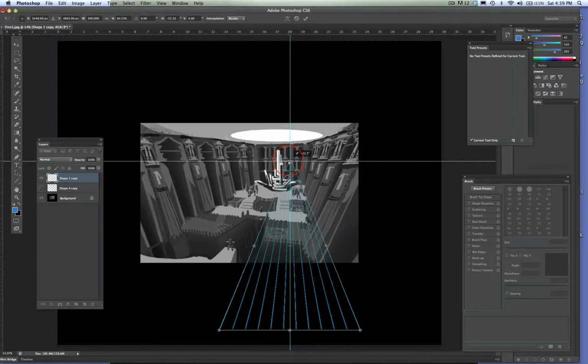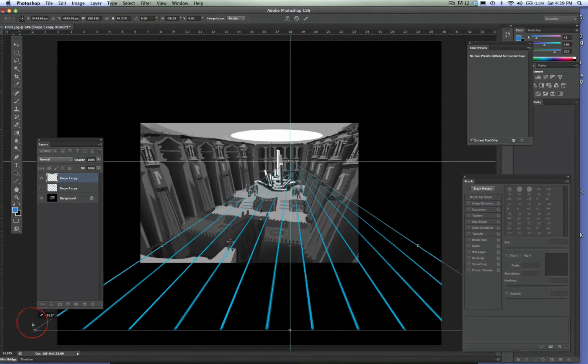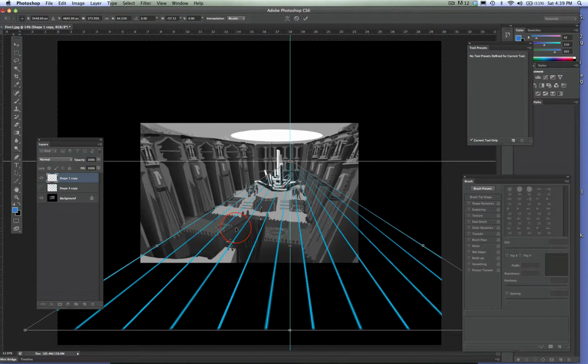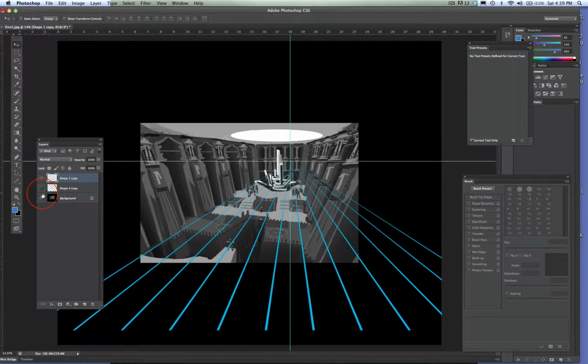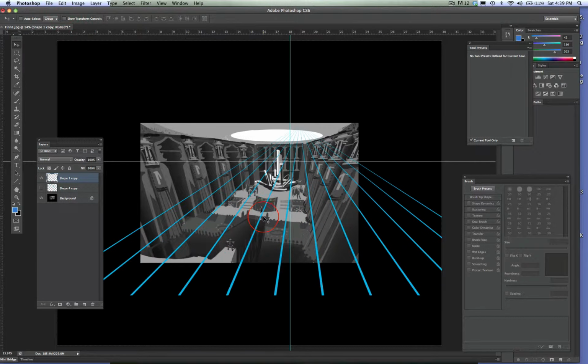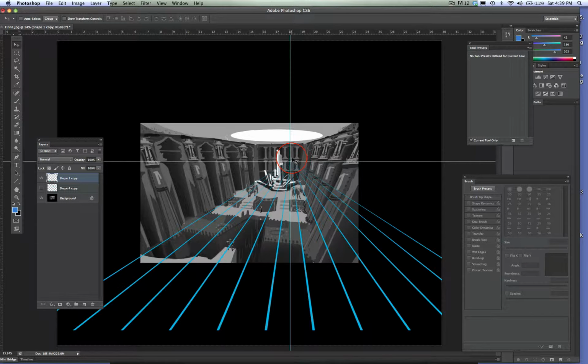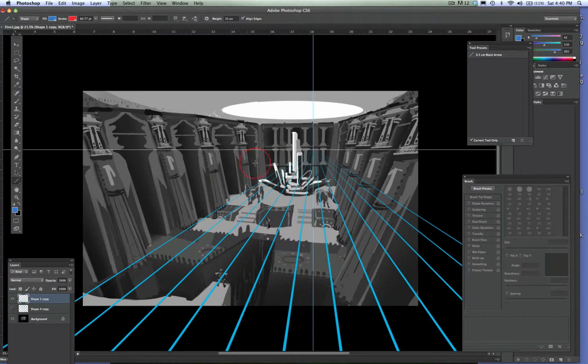Again, using the perspective tool in the transform area. You can see the base of these pillars, they're not lining up correctly. Like two of them might be in perspective, but look at the ones on the right, the lower right, they're kind of all over.